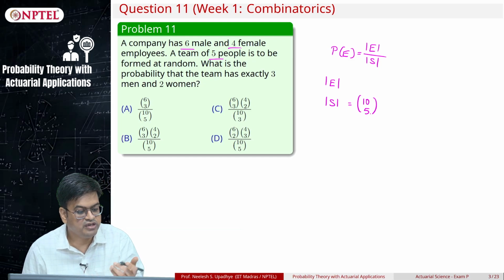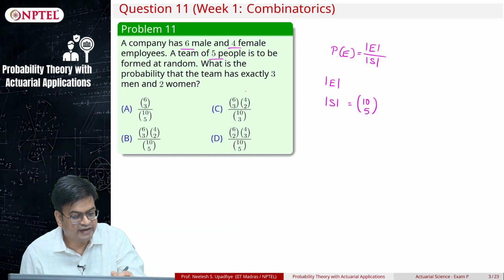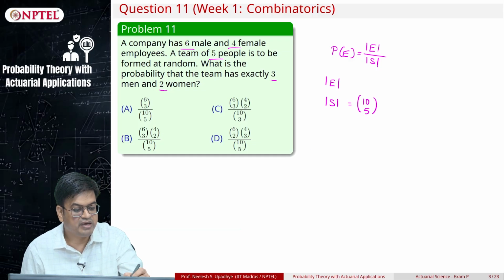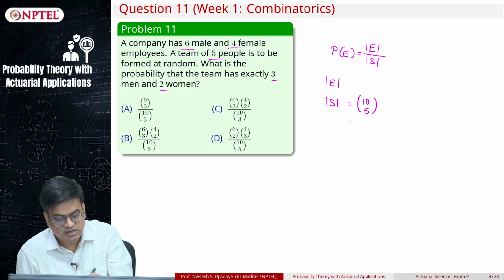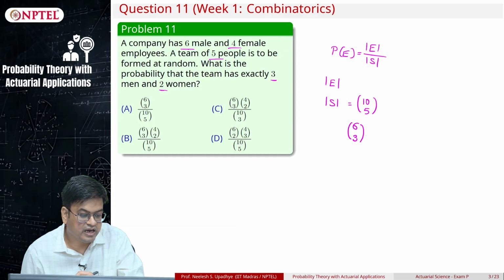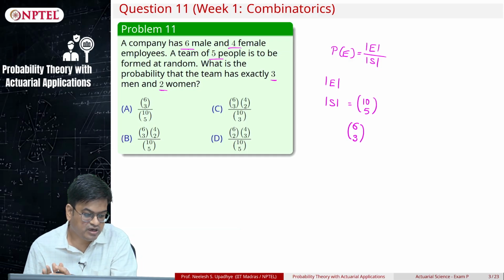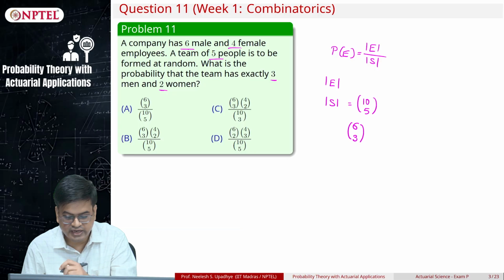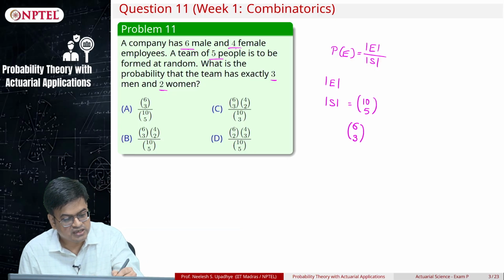Now, in how many ways can you have a team with exactly 3 men and 2 women? How many men are there? 6, right? So from 6 men you have to choose 3, so it will become 6 choose 3, and the remaining 2 people come from the female category. How many females are there? 4.